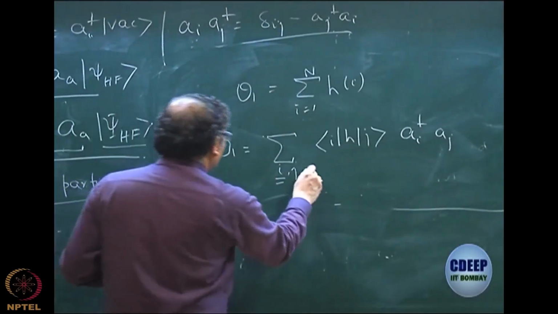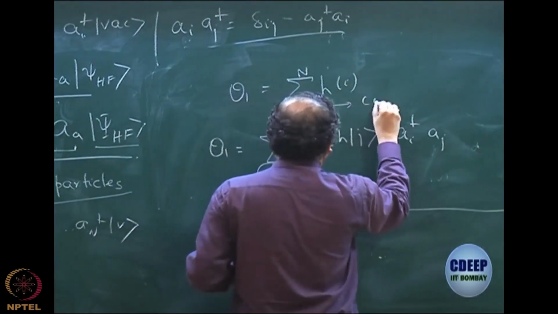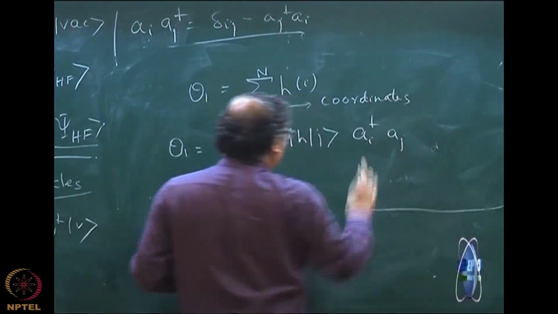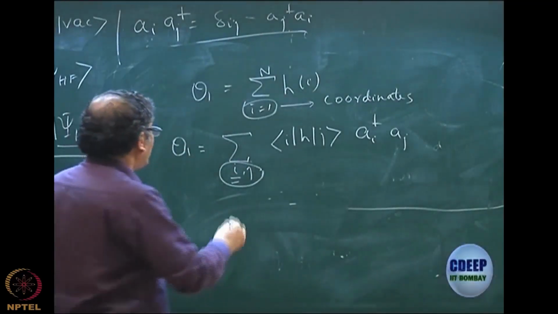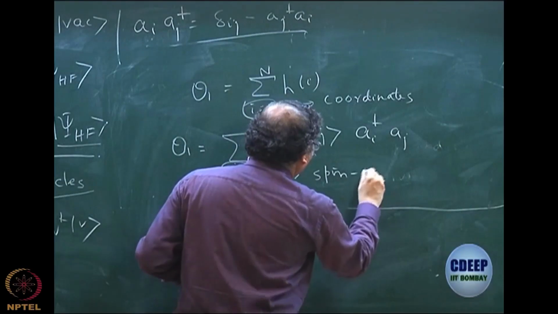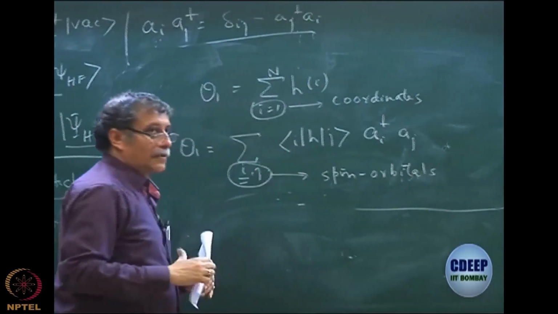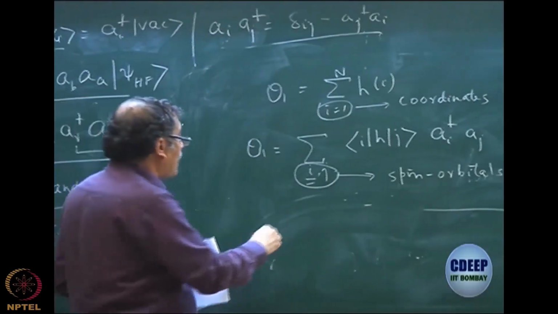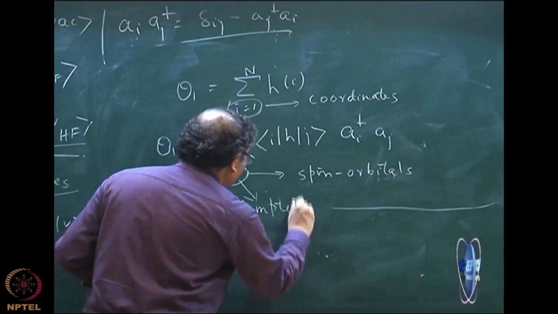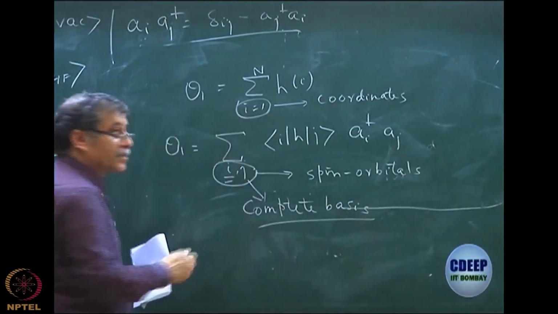Note that these I's, and I repeat, these I are the coordinates of the electrons. So, there are n electron problem, these are coordinates. However, these are spin orbitals. And this spans the complete basis, whatever my basis is, not just the occupied orbitals. This is very important to understand.